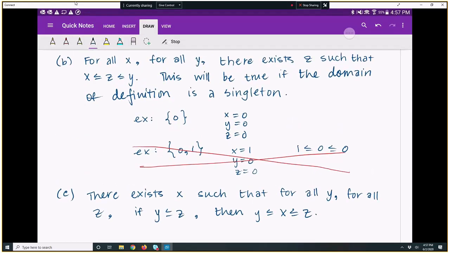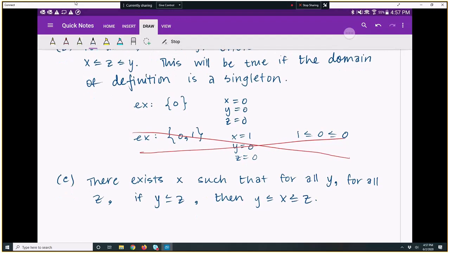And I need to think of a domain of definition so that this could be true. Well, again, I think this will be true if the domain is a singleton.